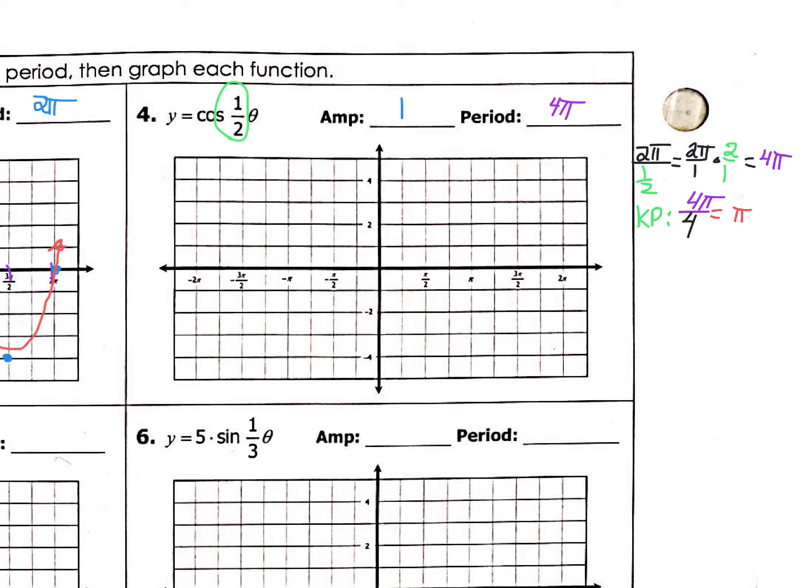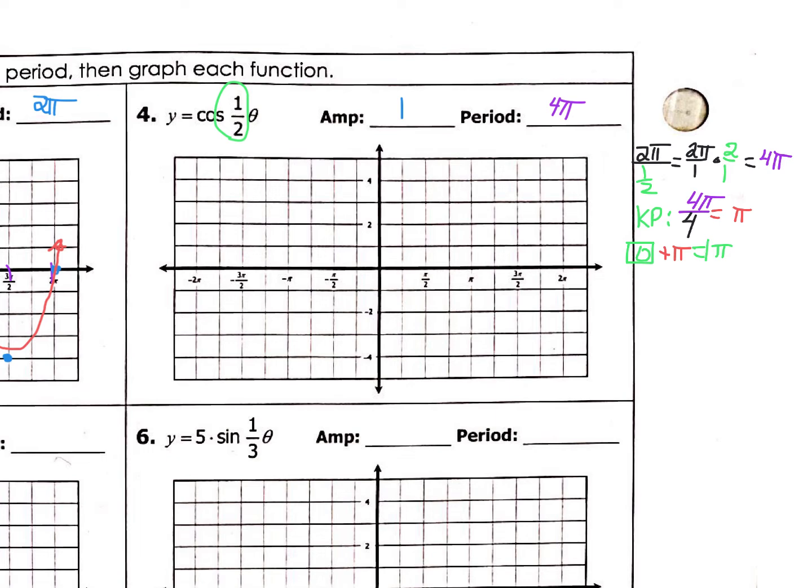So always, your first key point is 0. So we're going to start with 0, first key point. Whether it's sine or cosine, we always start with 0. And then I'm going to add pi to that. Now, because our graph does not go out to 2 pi, you're going to note that we're not going to get all these key points on there.